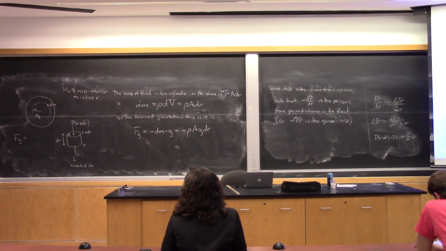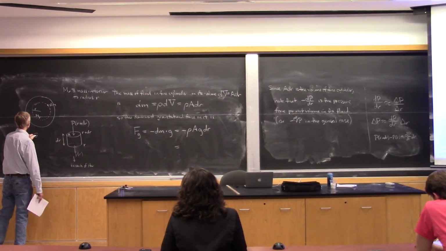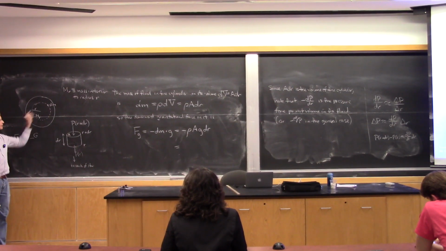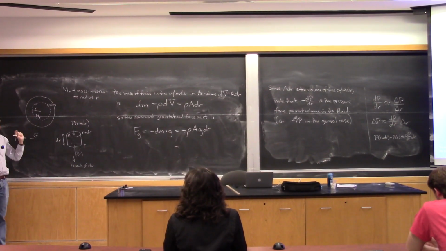What does Newton's law of gravity say? It says it's equal to minus big G times M1 times M2 over r squared. So what are playing the role of M1 and M2 in this case? M sub r and dm, right.